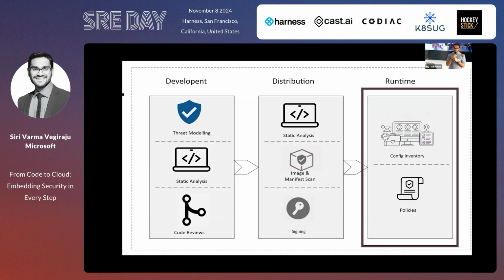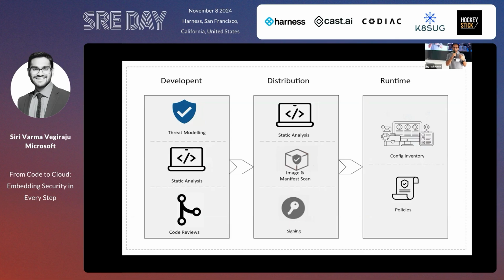So these are some of the security checkpoints that you can add to your build pipelines or your day-to-day SDLC so that when you ship your code or your infrastructure, it is more secure and reliable. Yeah. So to conclude, what we discussed was, in development, we have threat modeling, static analysis, and code reviews that basically help you identify any misconfigurations on your dev box itself.